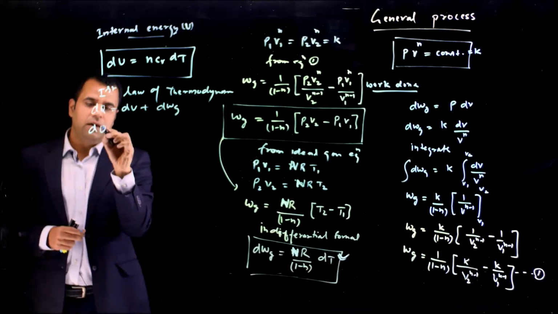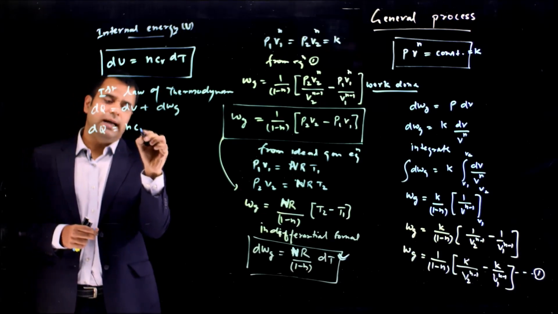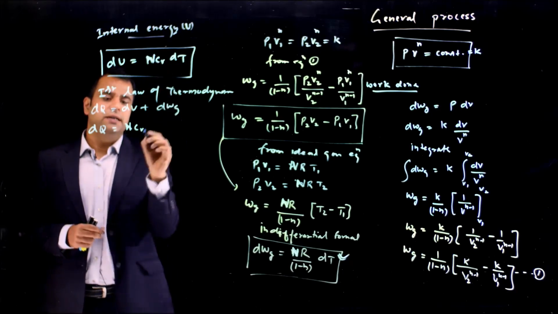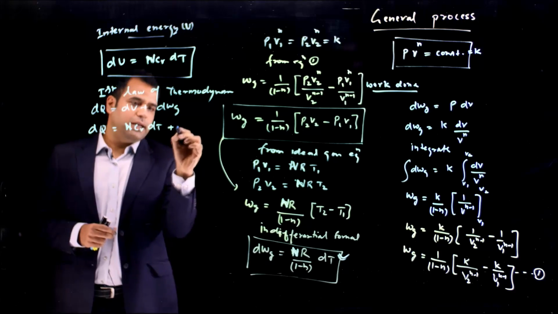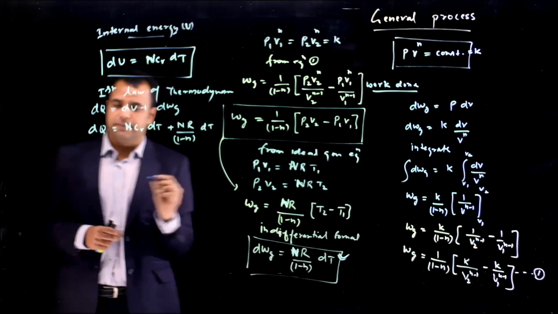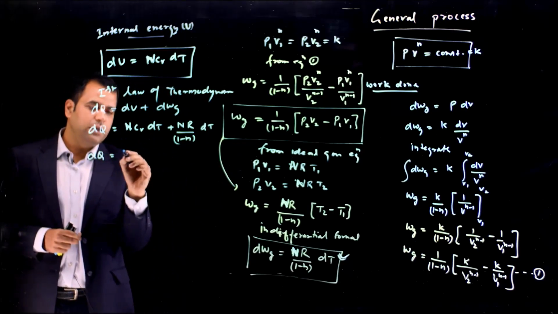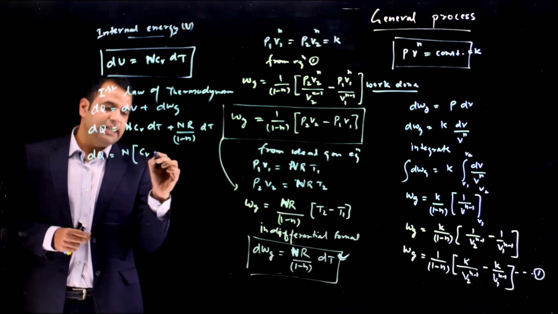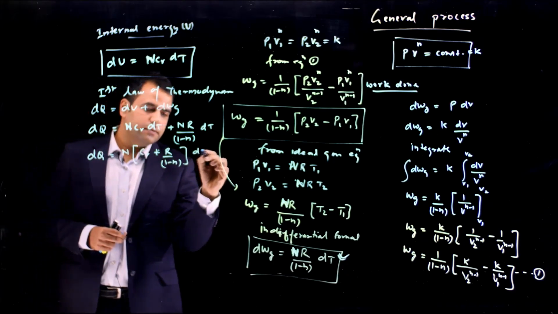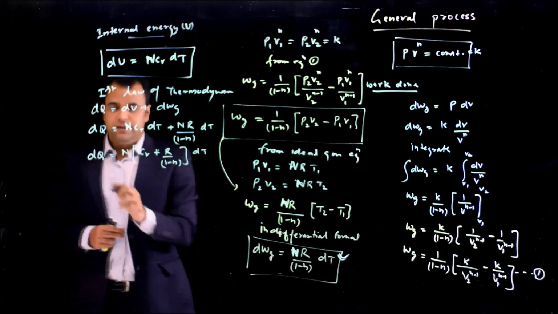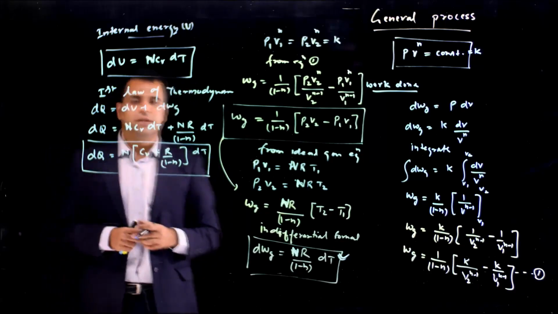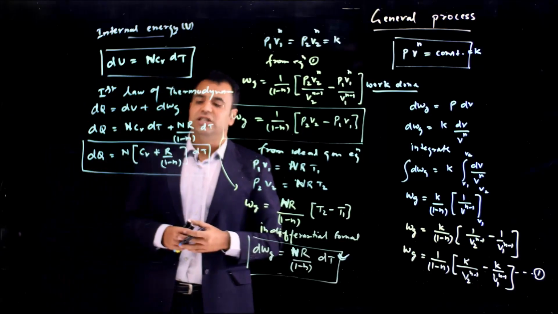So we'll have dQ is equal to N Cv, capital N Cv, because the number of moles I'm defining as capital N, Cv dT plus capital N R upon 1 minus n dT, which will become capital N (Cv plus R upon 1 minus n) dT. This becomes the equation for heat in terms of temperature for our general process.